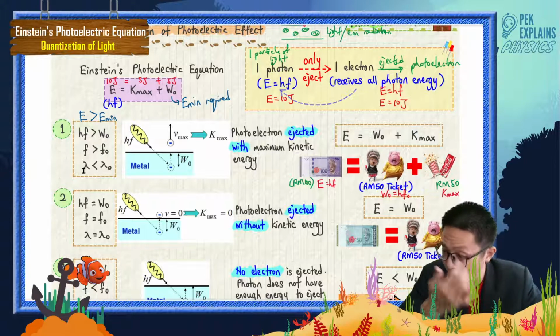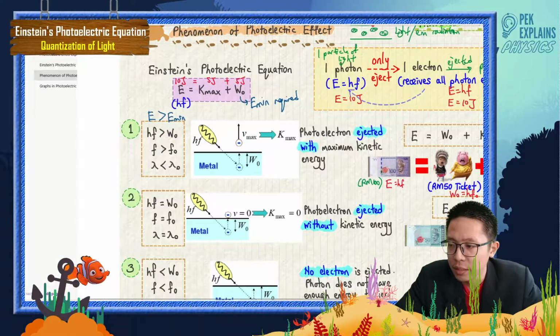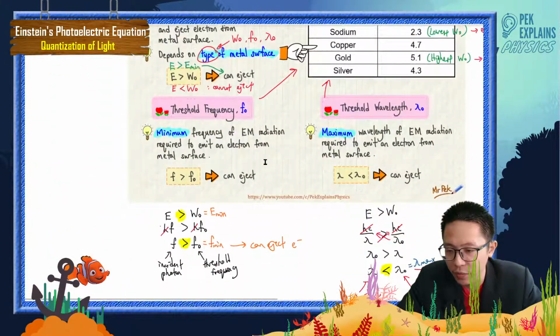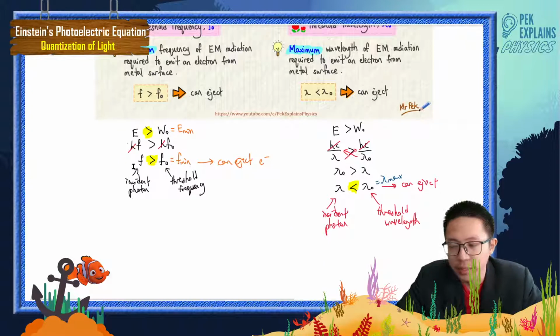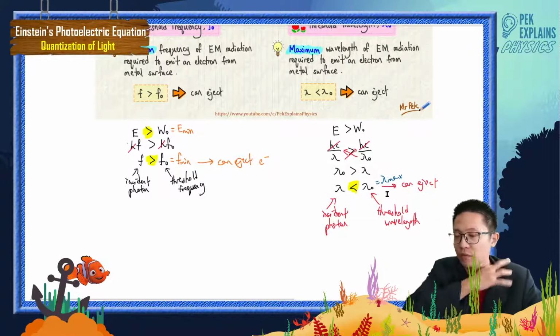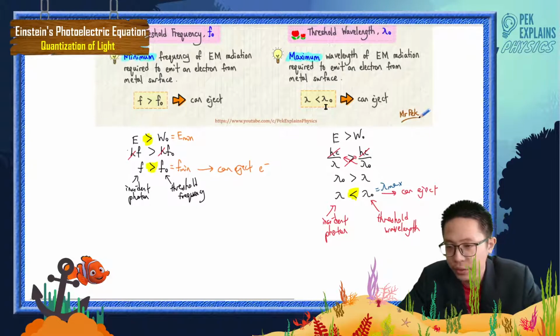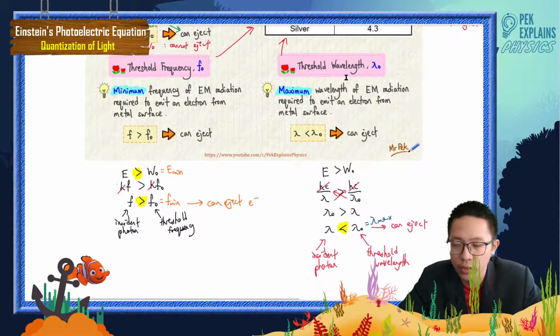We already proved this about the frequency and the wavelength in the previous video. I derived for you why the frequency of the incident photon must be bigger than the threshold frequency, and the wavelength must be less than the threshold wavelength. Please look back to the previous video about this threshold frequency and threshold wavelength.